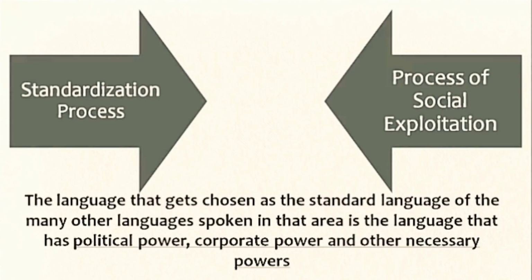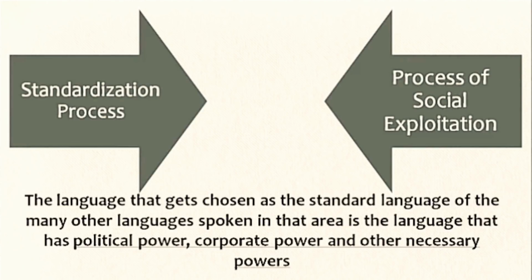So when we talk about the standardization process, there is also a process of social exploitation. They are coming together, right? So any language that gets chosen as the standard language out of the other languages spoken in a particular area, state, country, whatsoever, that particular language has political power.